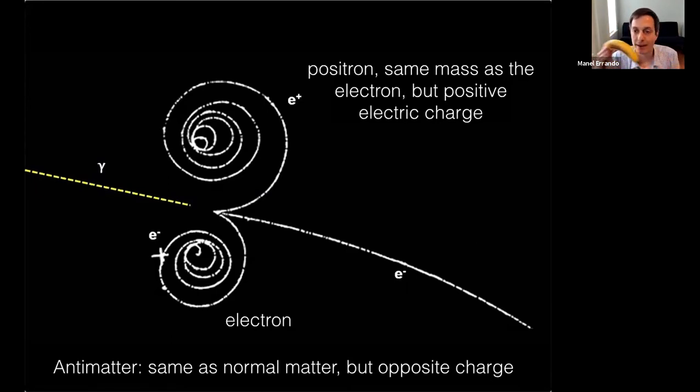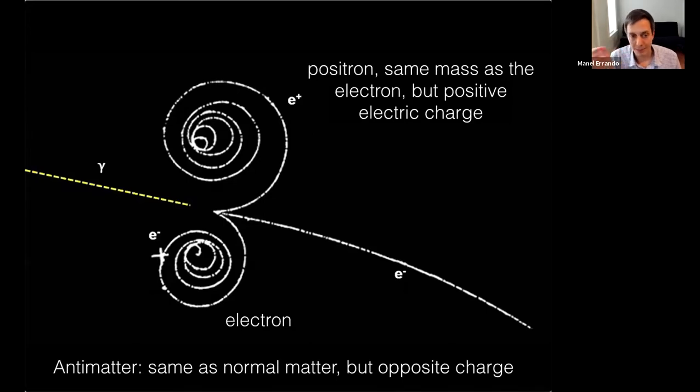So why would a banana have any amount of antimatter? A banana has about half a gram of potassium, and a little bit of the potassium that's found in nature is radioactive. This radioactive potassium basically exchanges a proton for a neutron in its nucleus, and it produces a positron.